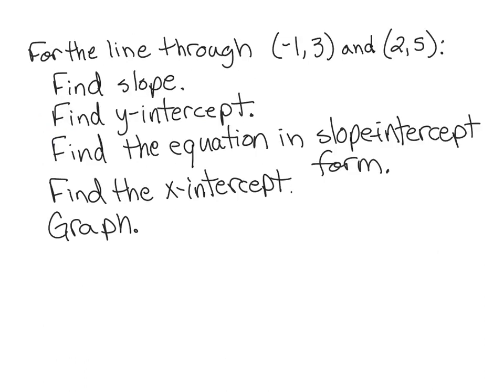Okay, for the line that passes through these 2 points, I want you to find all 5 of these pieces of information. Okay? Now, given this situation, let's talk strategy. If you have 2 points, then you have the line already. The graph should be the first thing that you do.